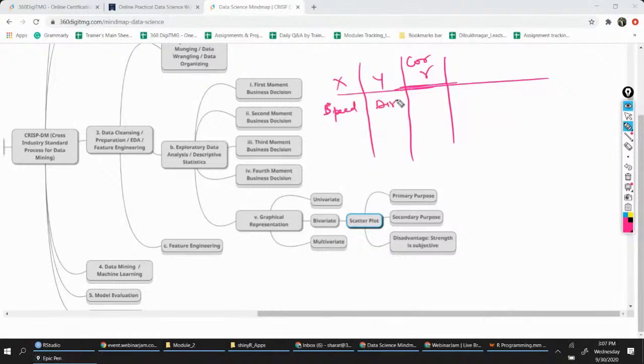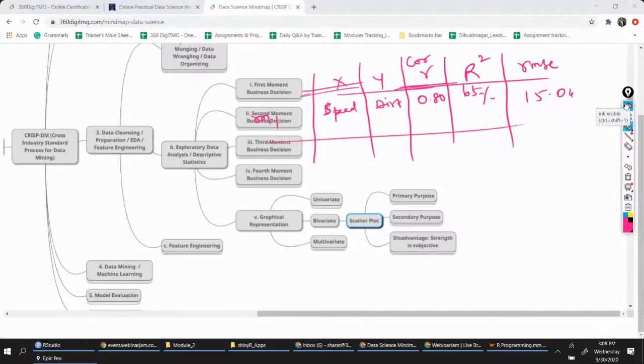Y is the distance that we are interested in capturing. 0.80, this was the correlation effect. What is r squared? It was 65%. What is RMSE? It is 15.06. This is the detail for your model 1. In model 2, what will we do? We'll try and do that in logic now.